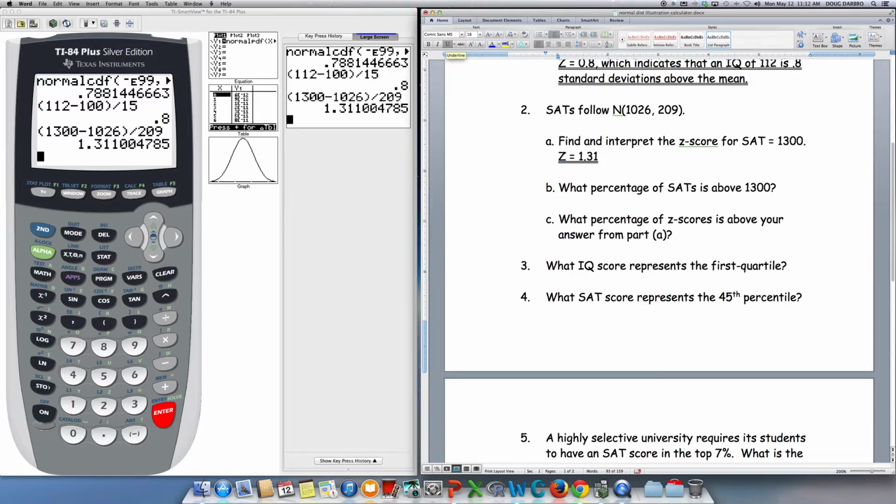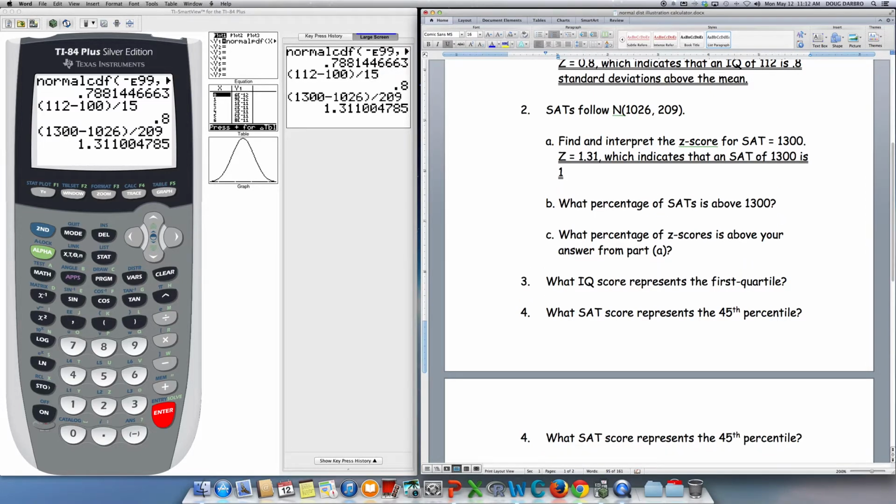Z-score is a descriptive statistic measure, just like the mean, standard deviation, median, IQR, and so on. So they're rounded to 2 places, which indicates that an SAT of 1300 is 1.31 standard deviations above the mean.